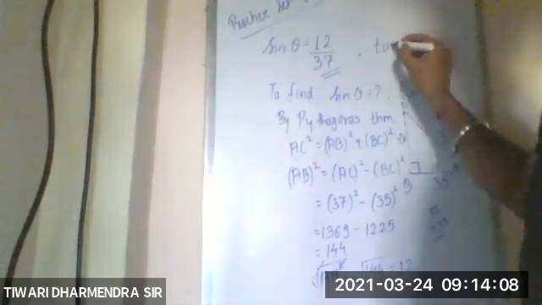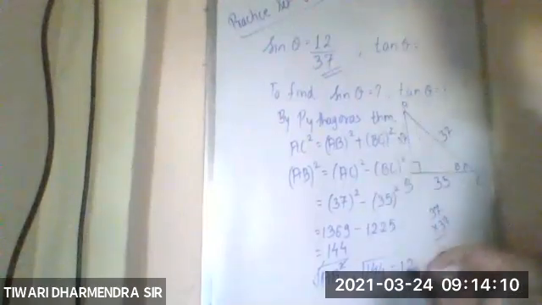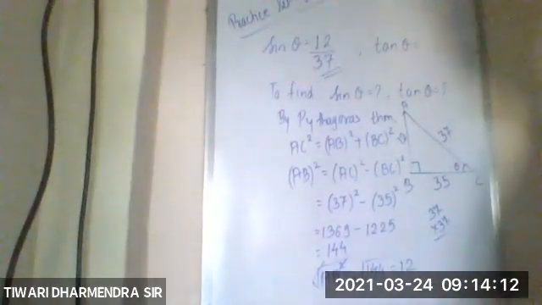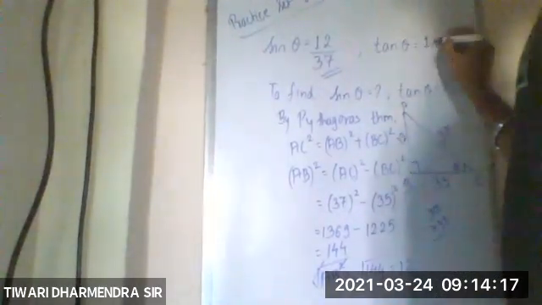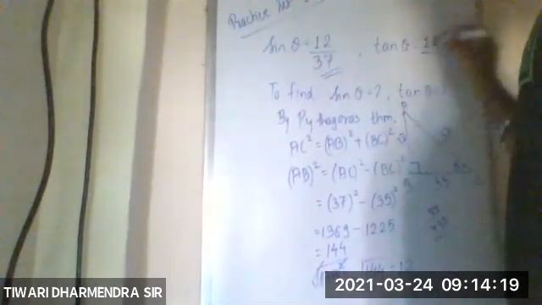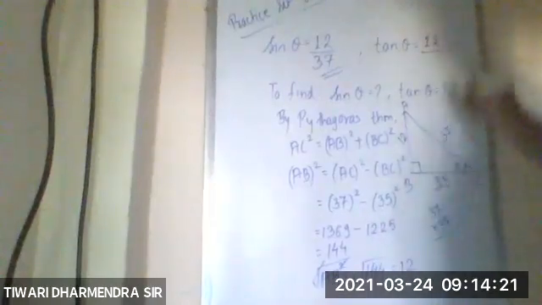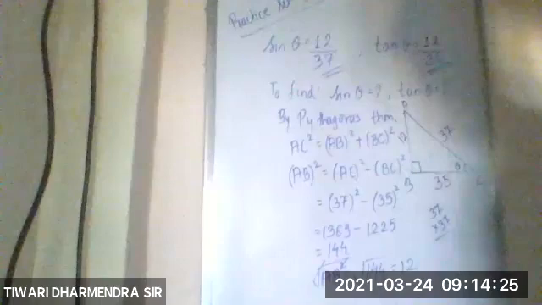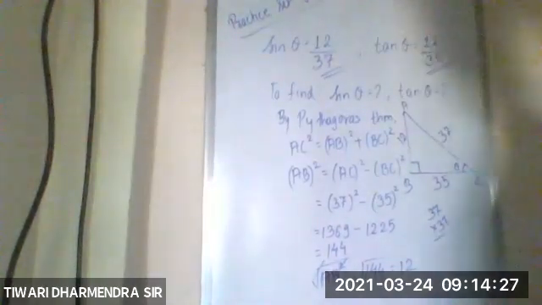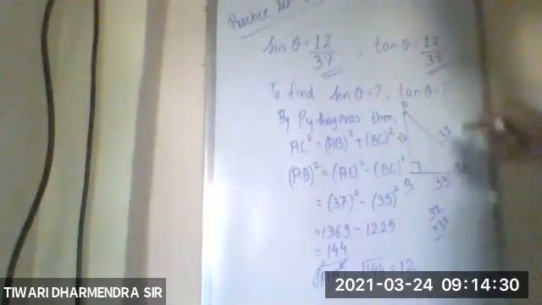And next is tan theta. What is the formula for tan theta? Sorry, tan theta is opposite upon adjacent. So 12 upon 35. So this is the answer. Hope you have understood this method in which I have used the triangle.